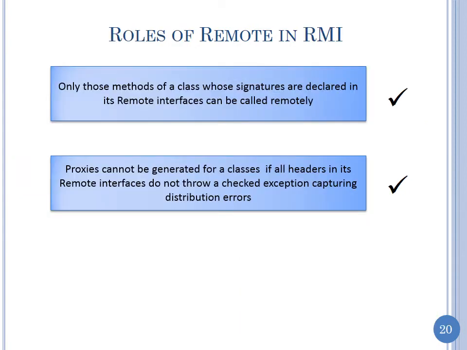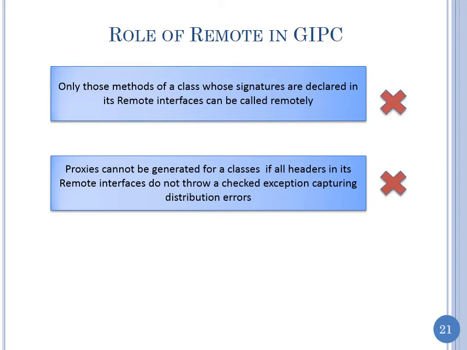So we see now that RMI uses Remote in two different ways. One, to make sure that the server class has control over what methods are called remotely. And second, to make sure that when a method is called remotely, the caller is ready to catch RemoteException. There are two purposes here, and Java uses both. In GIPC, I ignore both.